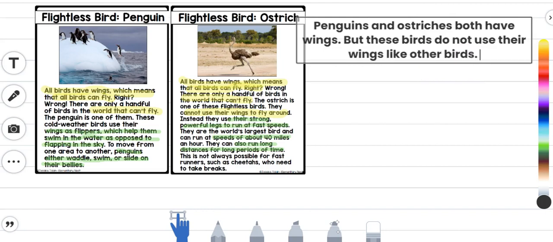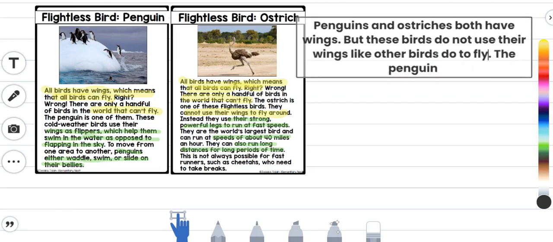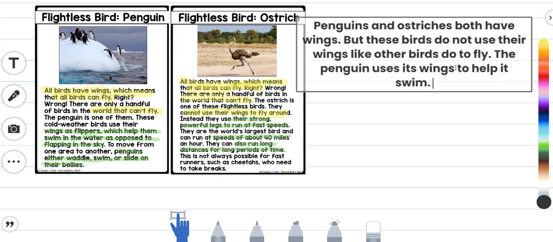Birds. The penguin, again, notice how I'm putting this in my own words. I'm not copying right out of the text. Birds do fly. The penguin uses its wings to help it swim. Not whim, swim.